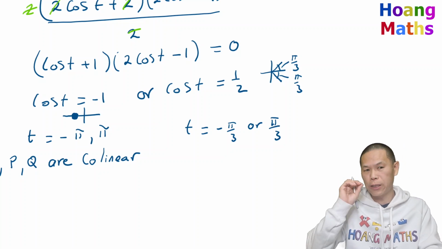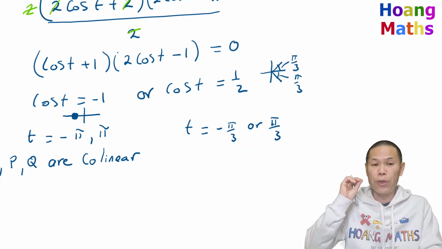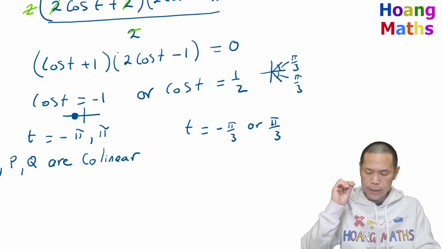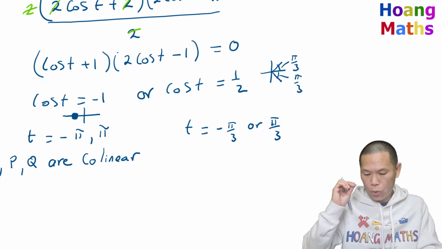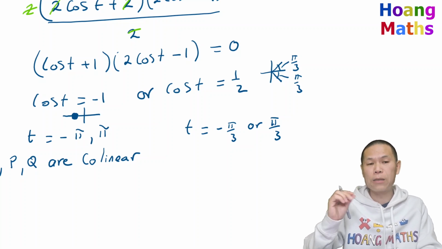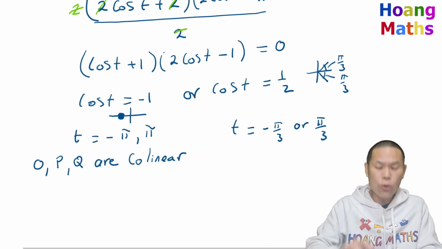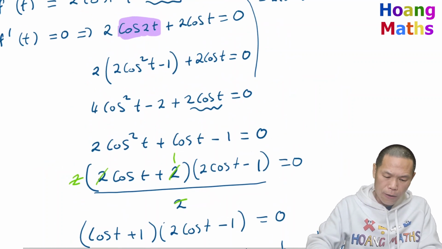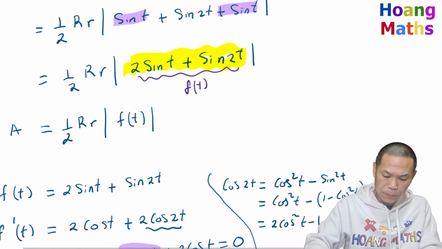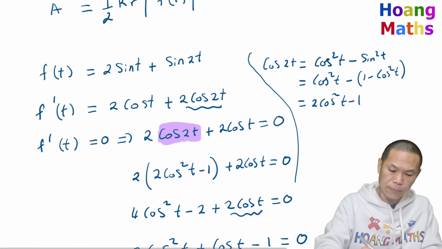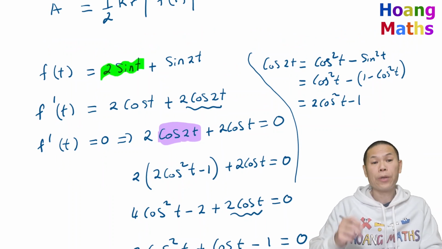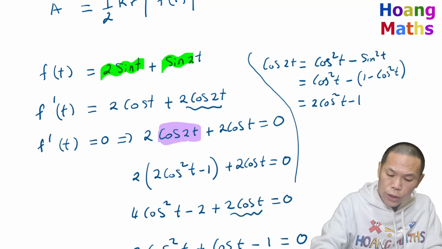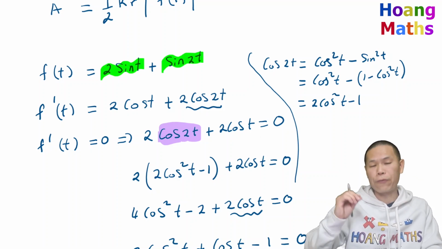Don't forget the domain for t is from negative pi to pi. Now we need to test whether t equal to negative pi over 3 or pi over 3 gives us the maximum area of triangle OPQ. If you have a look at this function here, f of t, 2 sine t is an odd function, and sine of 2t is also an odd function.